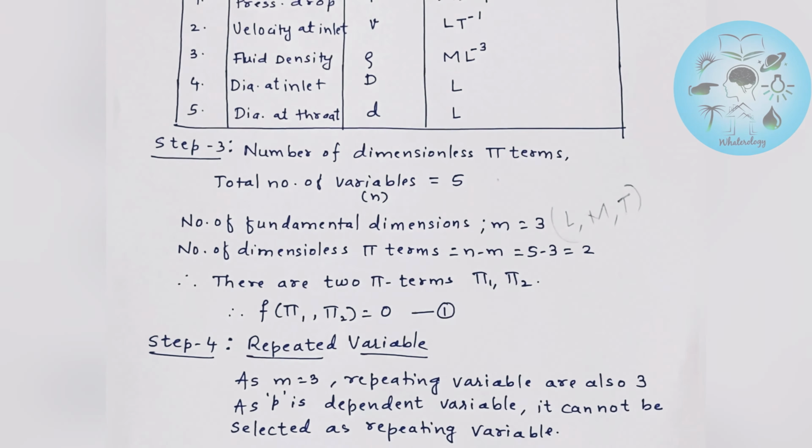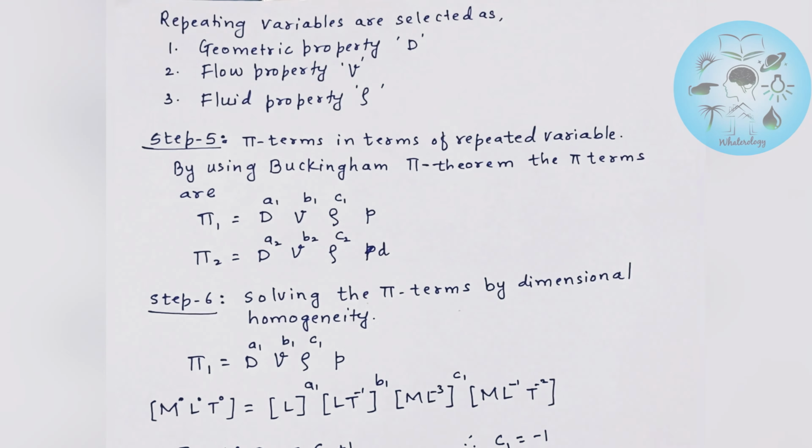So in step number 4, now we will see how to find the repeating variables from the independent variables. There should be a dimension from each of these 3 properties: the first is the geometric property, the second is the flow property, and the third is the fluid property.